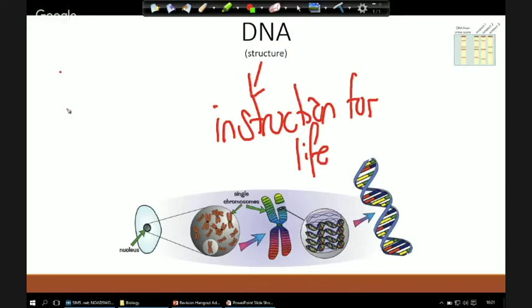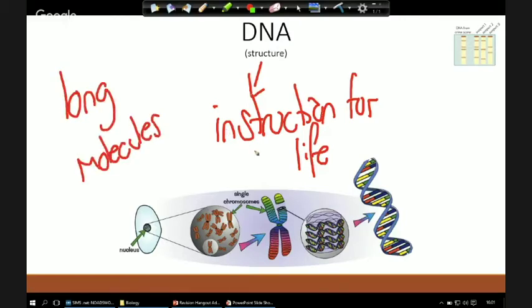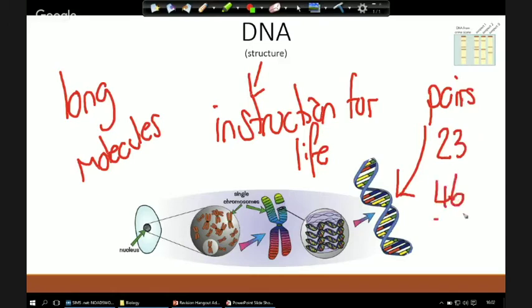And we find it wrapped up as long molecules. Now, these long molecules of DNA are found within chromosomes. And the chromosomes come in pairs. We have 23 pairs or 46 chromosomes in every human.